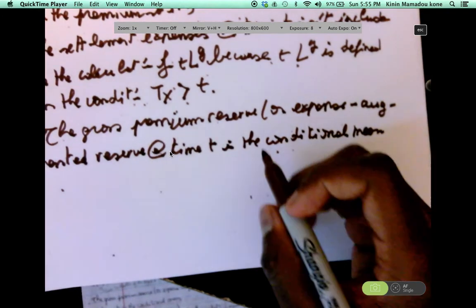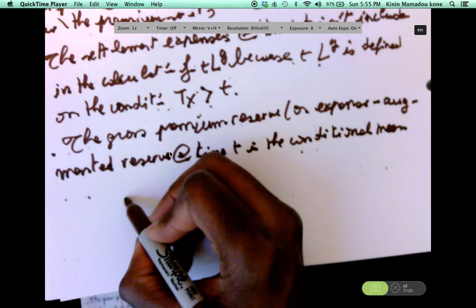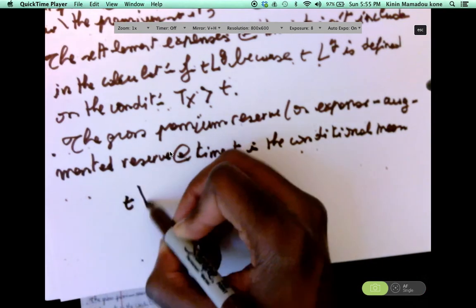It is denoted by tVG, the gross premium reserve.